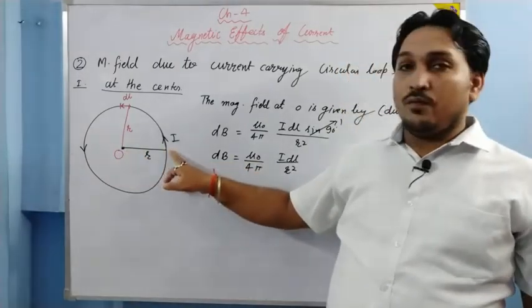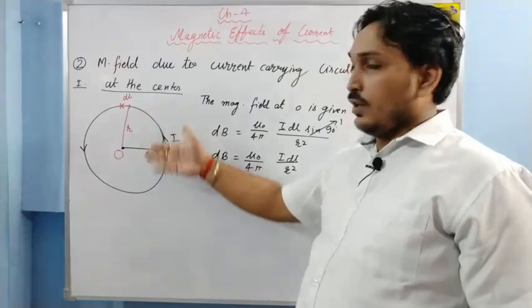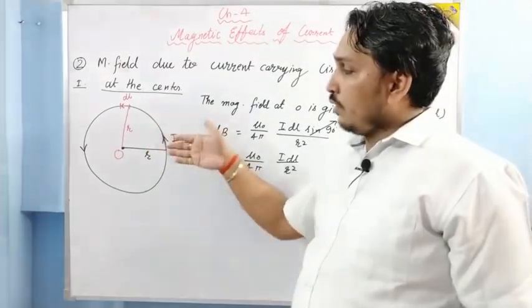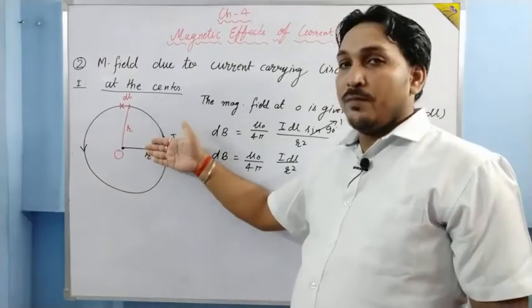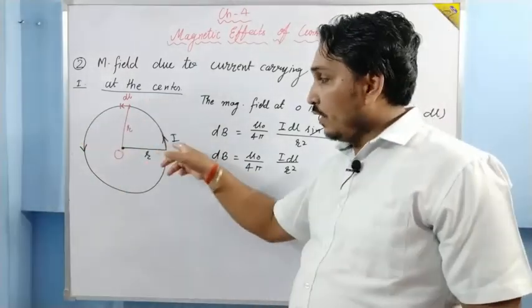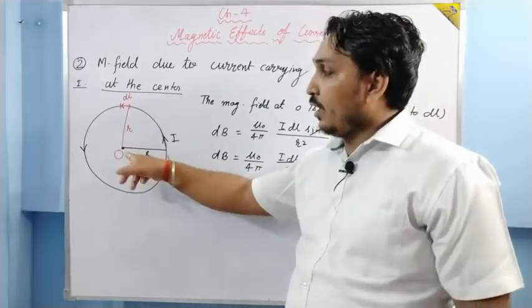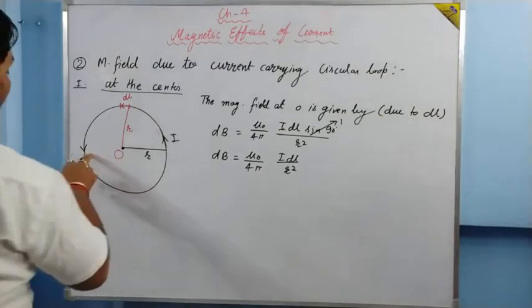Suppose dl would have been here, then what will happen? The direction of current is upward, and all the fingers are towards the center at which you want to know the magnetic field. The palm face is perpendicular outward. So if dl would have been here, then also the magnetic field is perpendicular outward only. If dl is somewhere here, then what will happen?